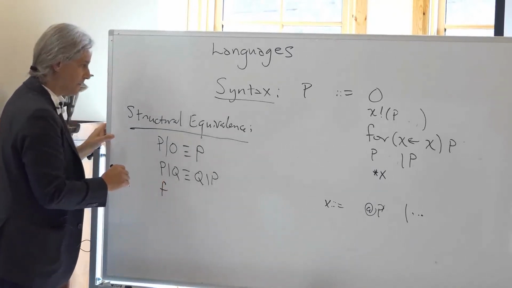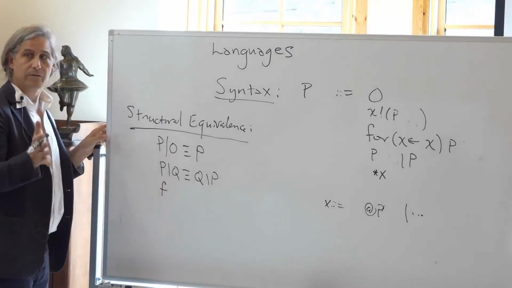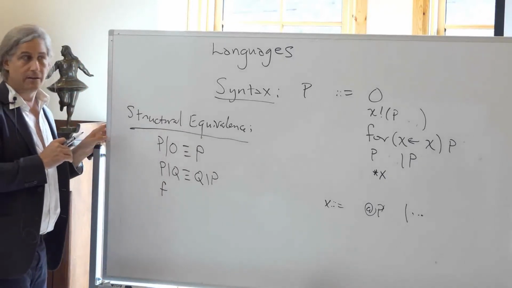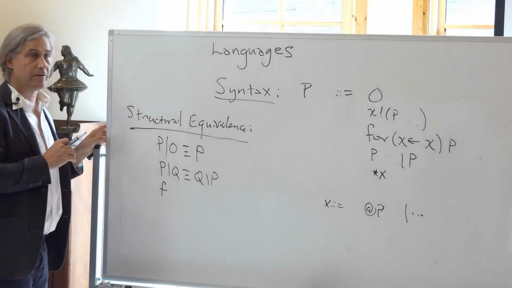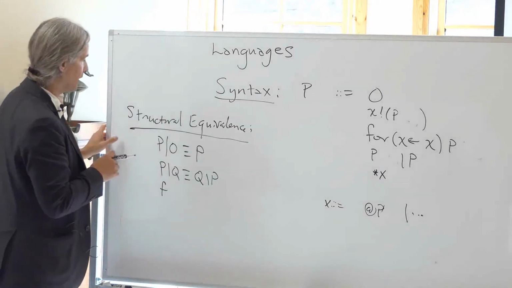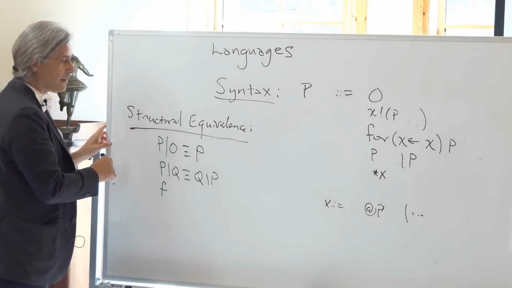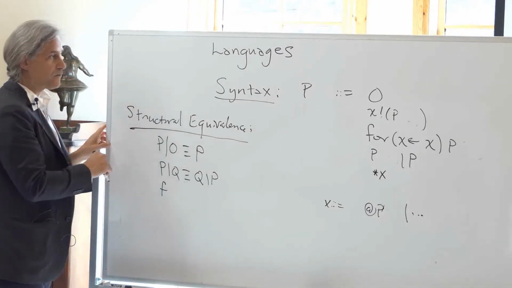And then it should be the case that if I have, is everyone here familiar with free and bound? Free and bound. Yeah. Everyone here cool with free and bound? Okay, all right. So in order to give structural equivalence completely, I need to tell you, so I'll do it as a where clause.